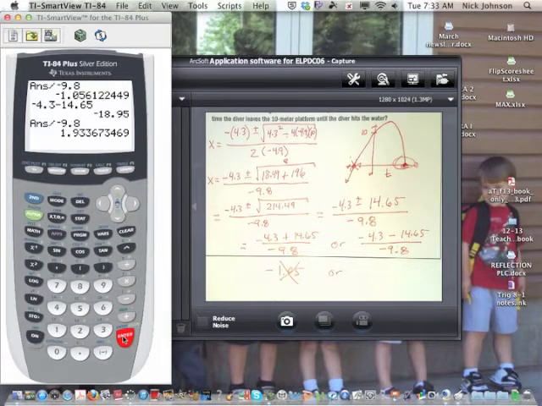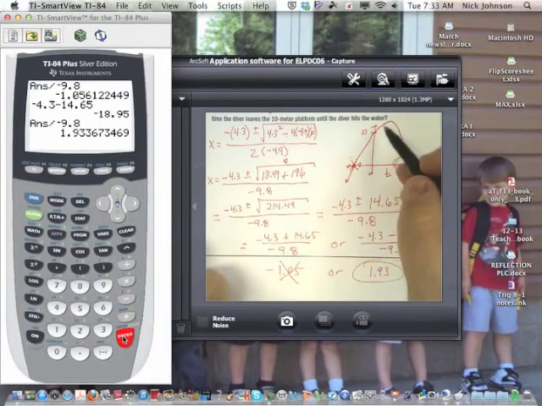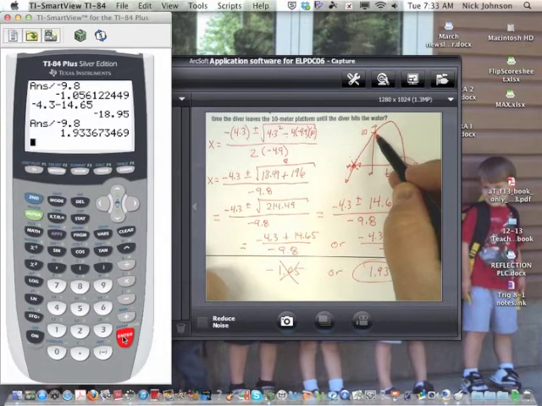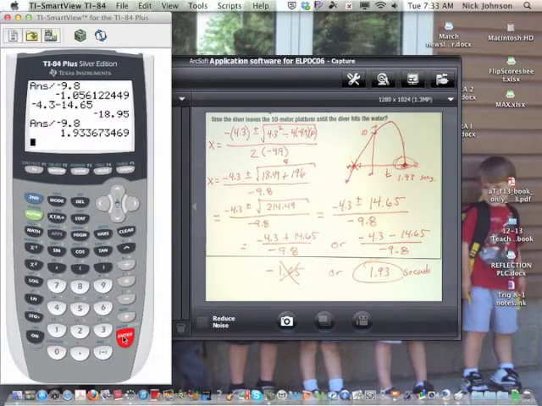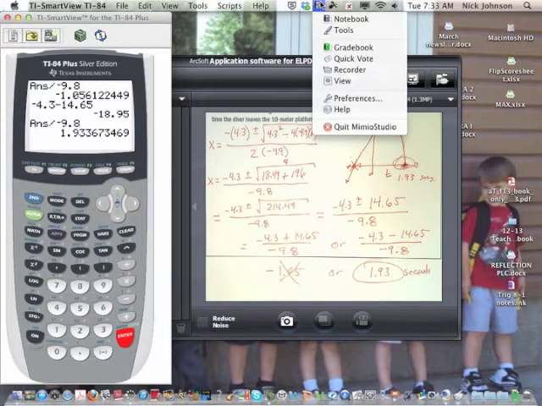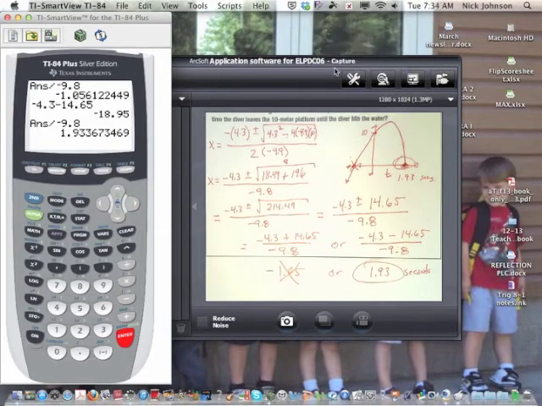Sorry. That gives me 1.93, and these are seconds. T is seconds, if you remember. So, how long did it take him from being up 10 meters to hit right before he hit the water? Well, it took 1.93 seconds.